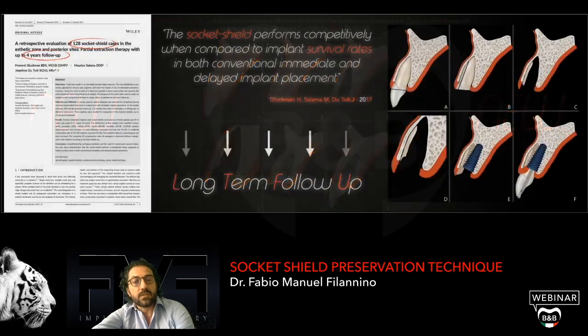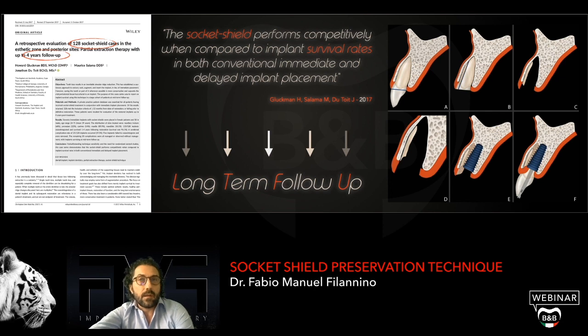And especially this was very important to me. It was to hear that there was, at that time, already a lot of literature about this technique, especially this article from these authors, Gluckman, Salama, and Dutoit, where they were talking about 128 socket shield cases with 4 years follow-up, with survival rates that were the same as post-extraction immediate implants.